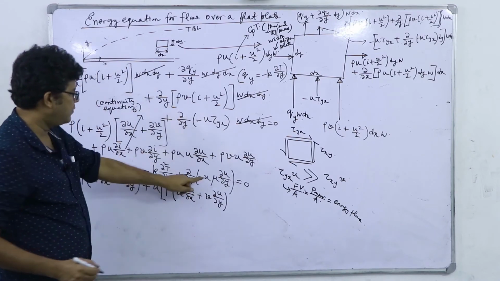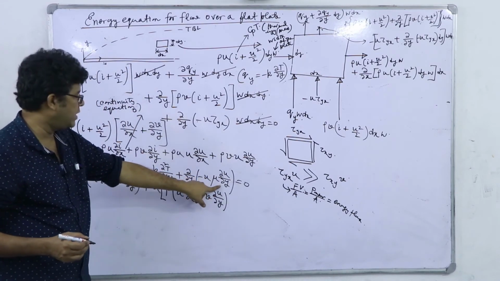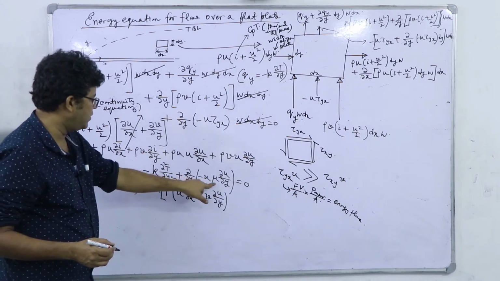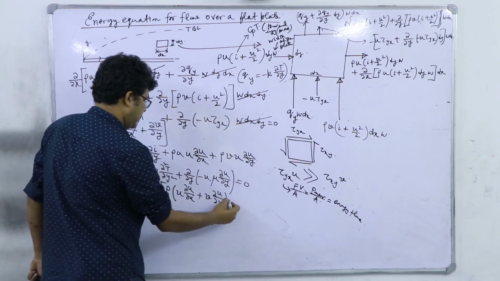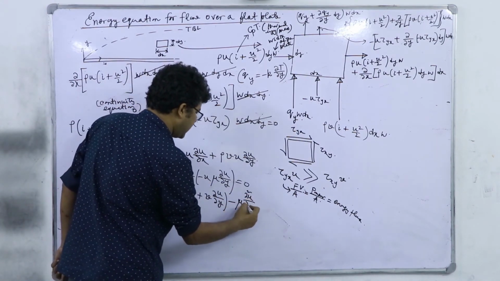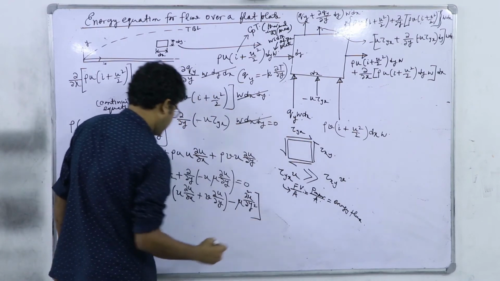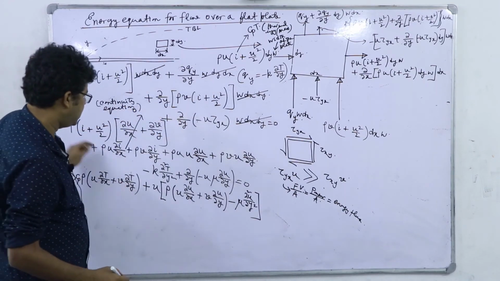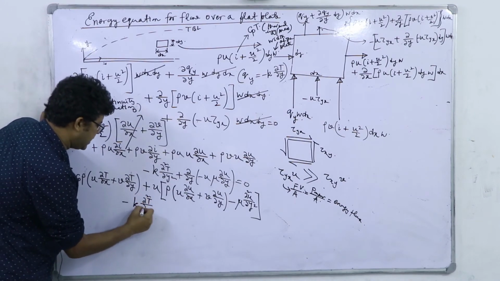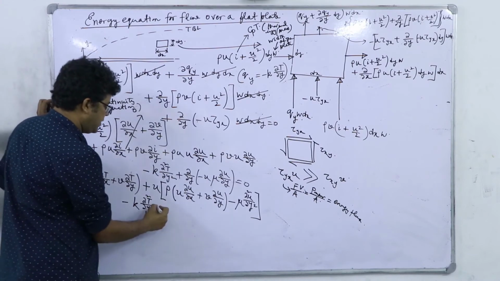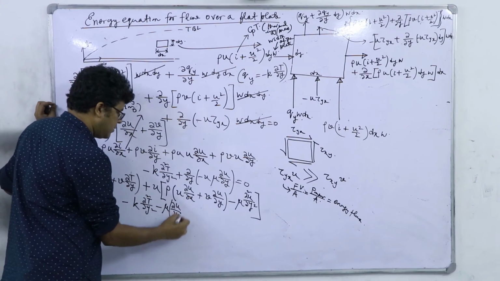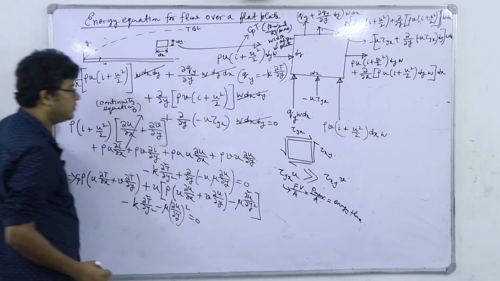And here we will have a pure second order derivative. See, this term will be minus mu u into del square u del y square. So if I write that taking u common, minus mu del square u del y square, right. Then minus k into del square t del y square, and minus mu del u del y whole square, that's equal to 0.